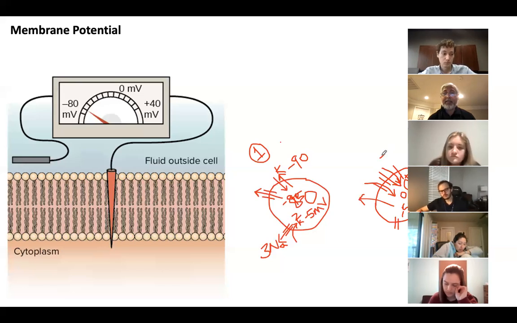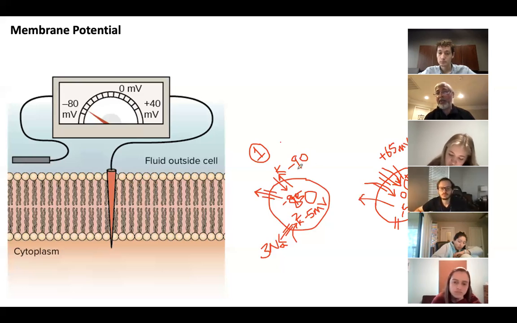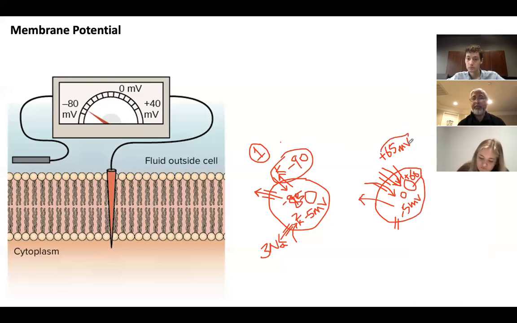This is plus, say, like 65. Okay, so this one is achieved by only diffusion of sodium, right? Potassium doesn't have any contribution here, and sodium doesn't have any contribution here. Now we call this one equilibrium potential for potassium, and this is the equilibrium potential for sodium.